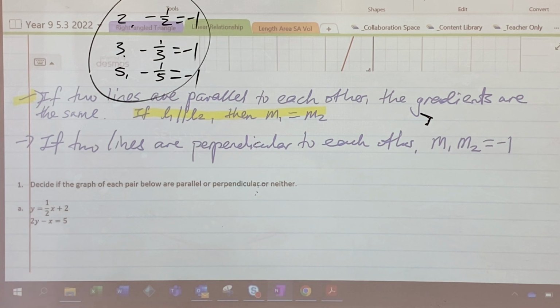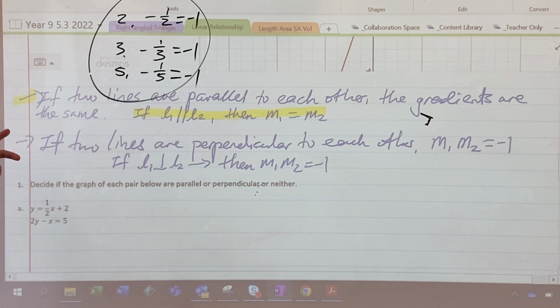Now, using abbreviation symbol, we say if line 1 is perpendicular to line 2, then m1 times m2 equals -1.